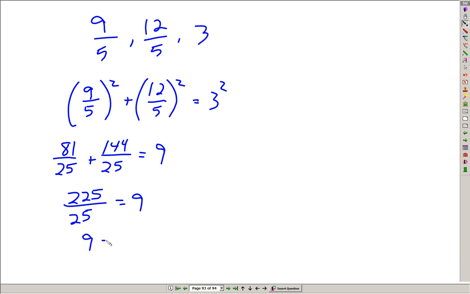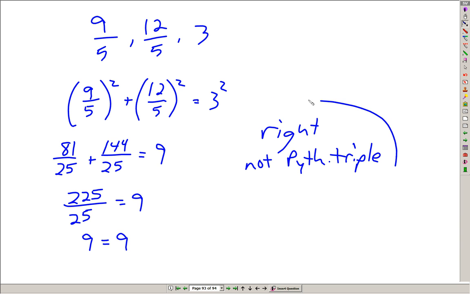And that's also a 9. So 9 equals 9. This is true, so it is a right triangle. Now, are these whole numbers? No, they're not. We have two fractions, so it is not a Pythagorean triple. Even though it is a right triangle, since we had fractions there, it can't be a Pythagorean triple.